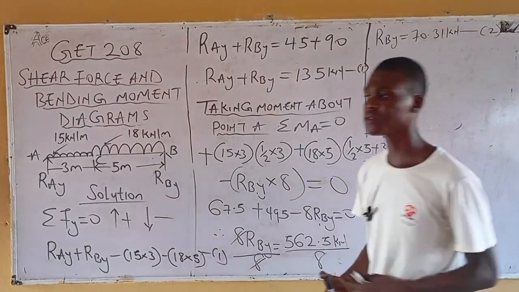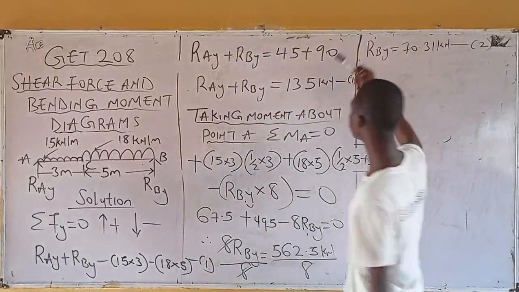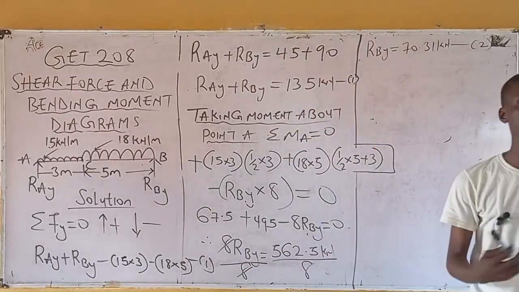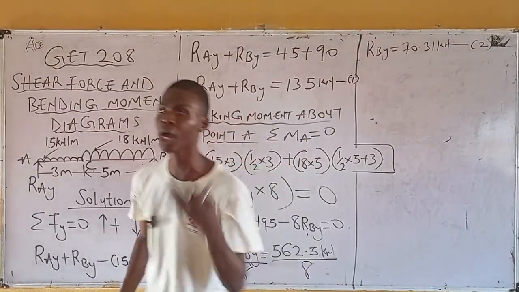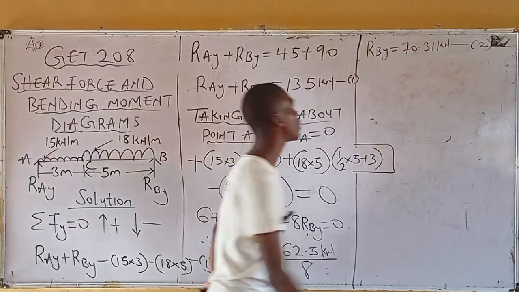Alright, now from here, this is equation 1, this is equation 2. Now let's do this together. I want to believe you already know what we are doing now, so it should be easier for us. Just be telling me what to do next.